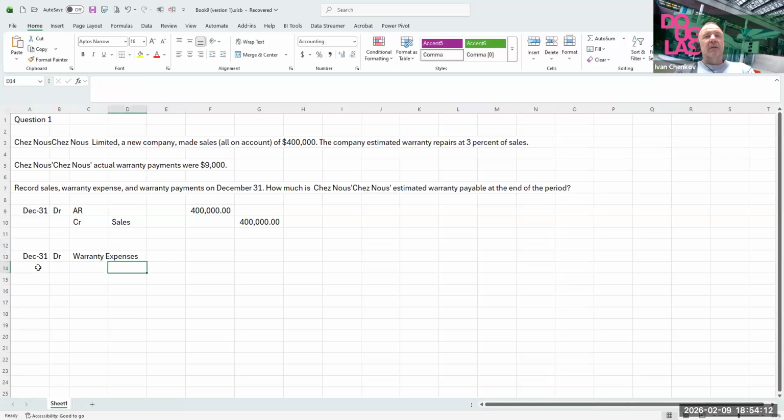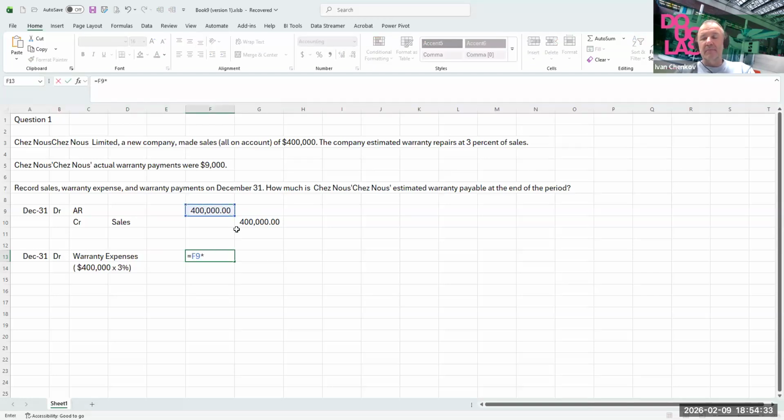If you have to put a note, that will be based on 400,000 times 3%, which is 400,000 times 0.03. So the warranty expense provision is $12,000.